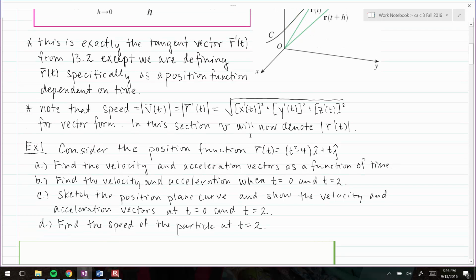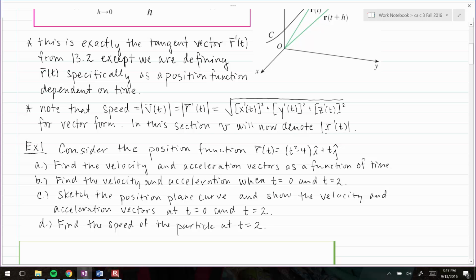To make things even a little bit more confusing, why not? In this section of this book, and also pretty standard across different books and courses, we now use the script v or cursive v, the same one that we used for velocity in Calc 1, to denote the magnitude of the velocity, or the speed.